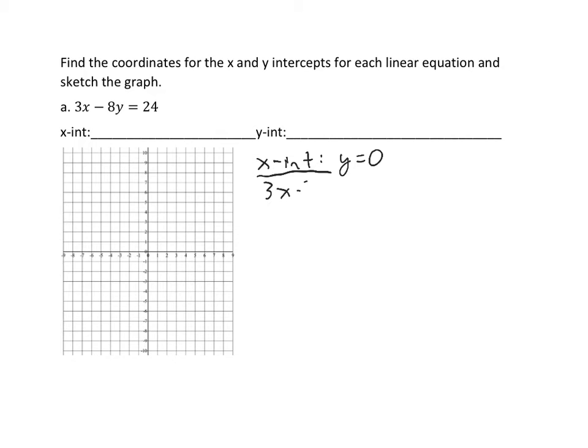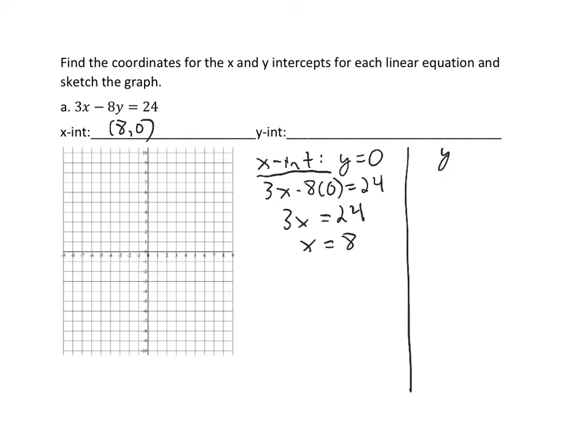So 3x minus 8 times 0 equals 24. 3x equals 24. And if we divide by 3, x equals 8. The x-intercept is going to be 8, 0. So we found the coordinates for the x-intercept.